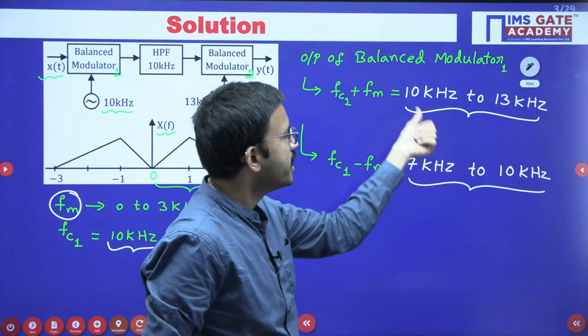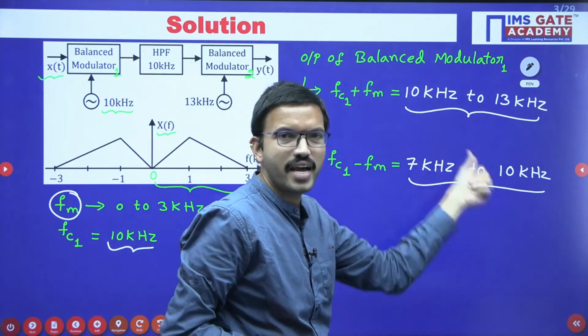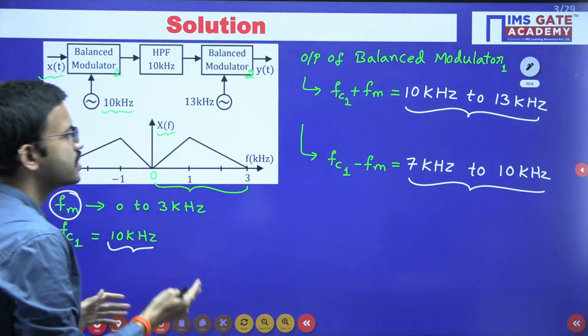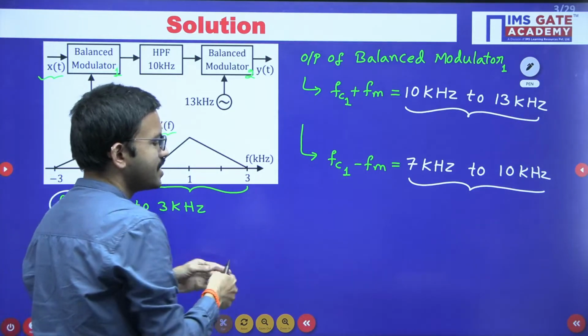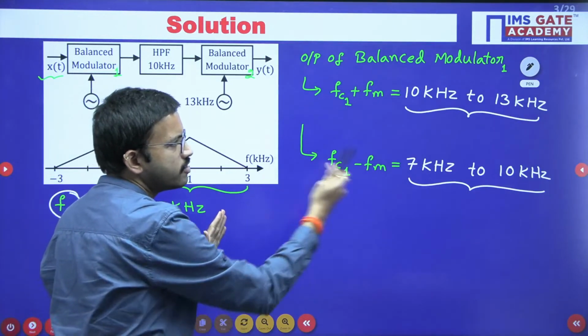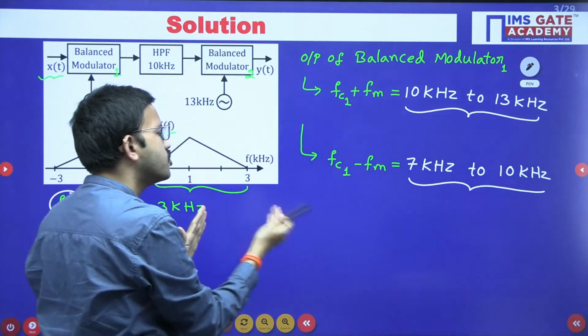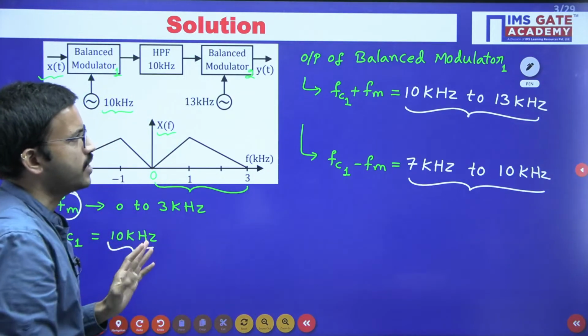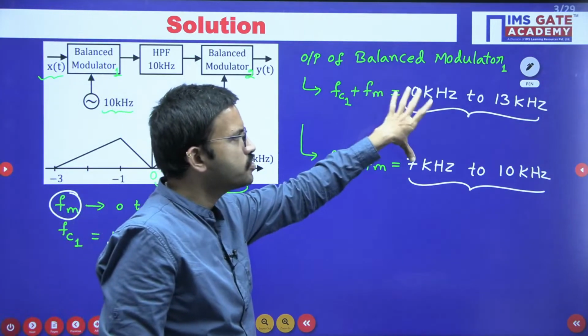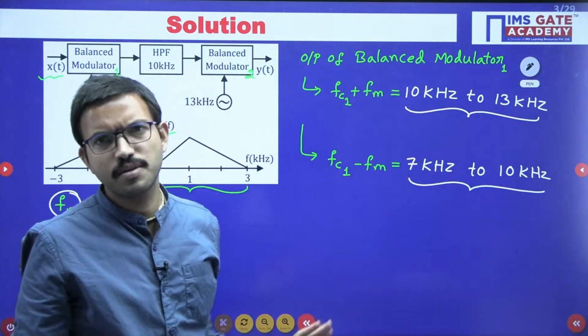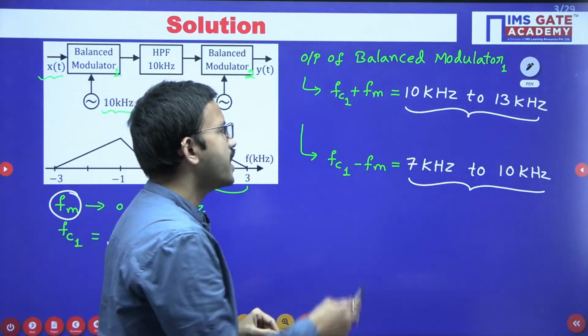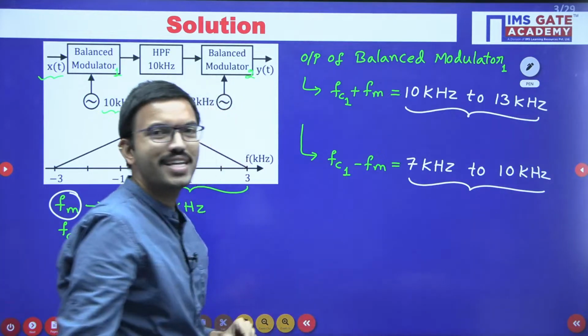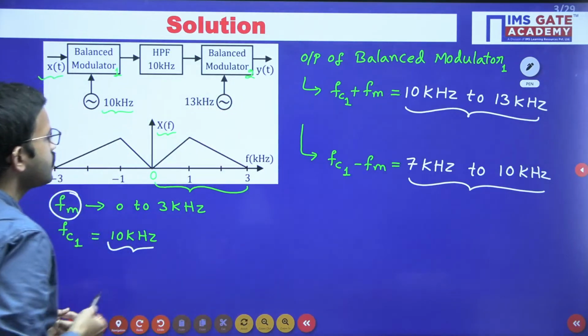Here 10 kilohertz is the carrier frequency, so the carrier is at the center, with one sideband to the right and another to the left. So you get two sidebands and the carrier is suppressed. Carrier suppressed means at the carrier frequency you don't have any signal strength.